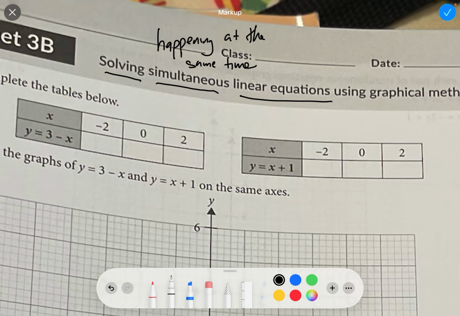Okay? So a straight line should pass through all the 3 points.